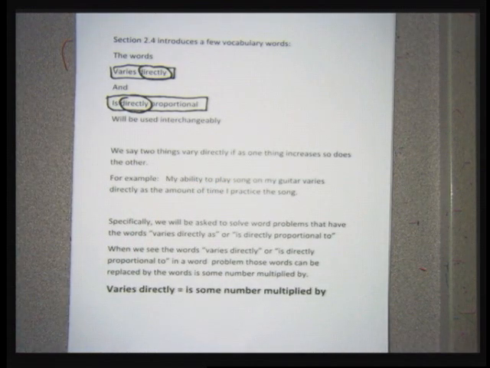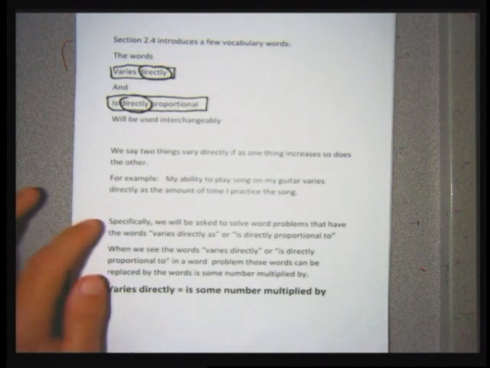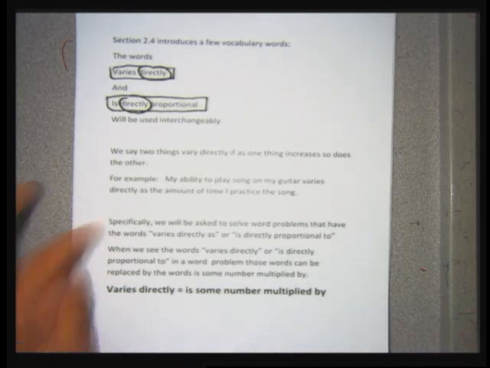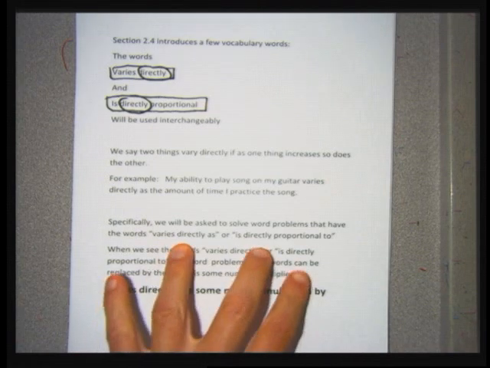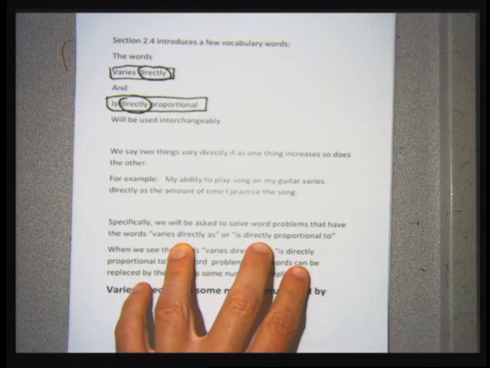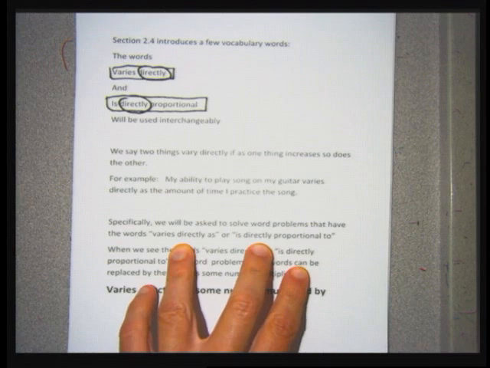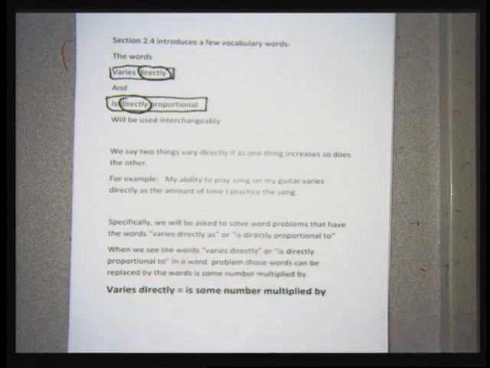When we actually get into the section and do the problems, we'll be solving word problems. This is a section of almost exclusively word problems, and in about a third of the word problems, we'll see the word directly, either preceded by varies directly or is directly proportional. When I see those words in a math problem, to make the problem something I can handle, I'm going to rewrite the problem with words that I understand.